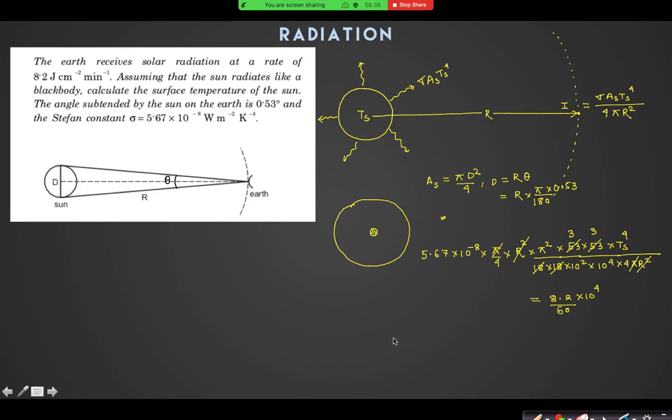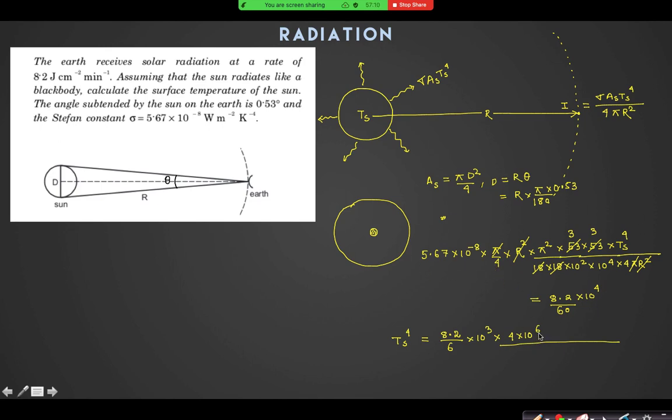I have to calculate Ts power 4, which is equal to, now 10 power 4 is here in this side, so that is 10 power 8.2 divided by 6 into 10 power 3 multiplied by 4 into 10 power 6 divided by this entire term.